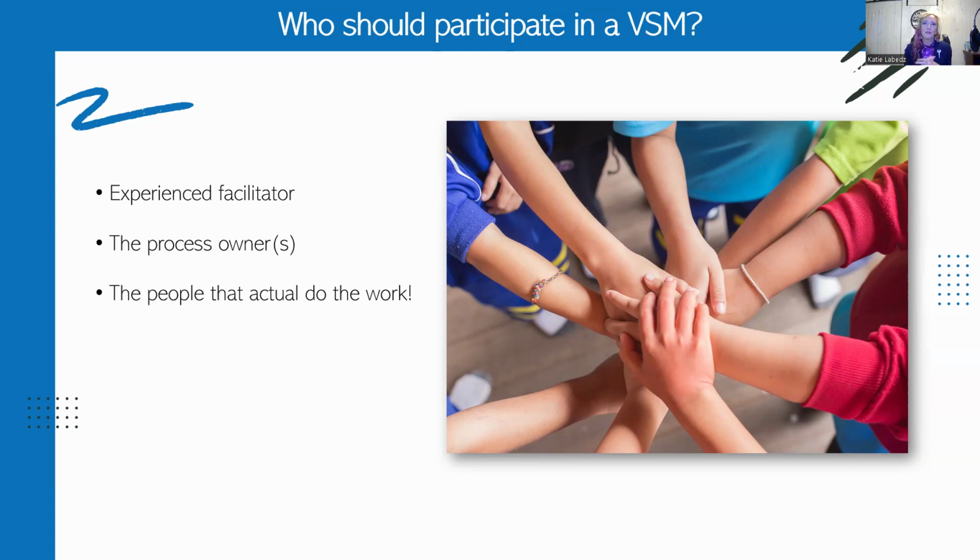And probably the most common question that we receive is, do we have to take the people away from their day-to-day job, whether it's office or on a manufacturing line, to do a value stream map? Yes, we do. We need the people that have the knowledge to know how things actually work and can help us document it. So the answer is always yes. We need them in that event.